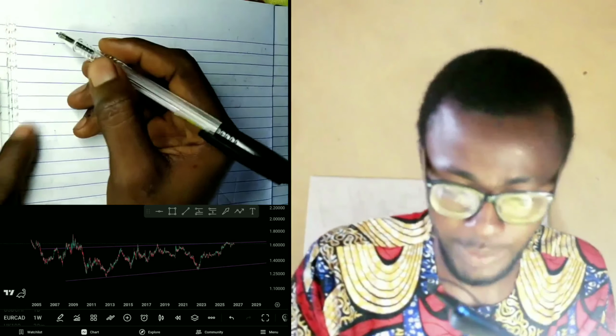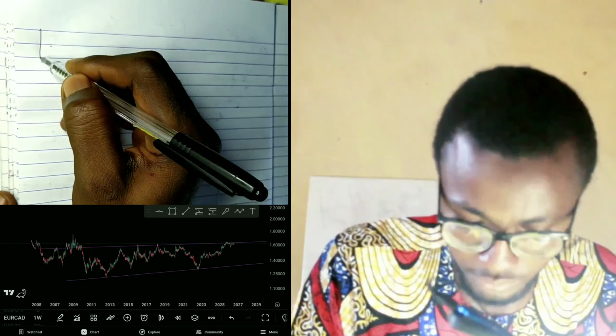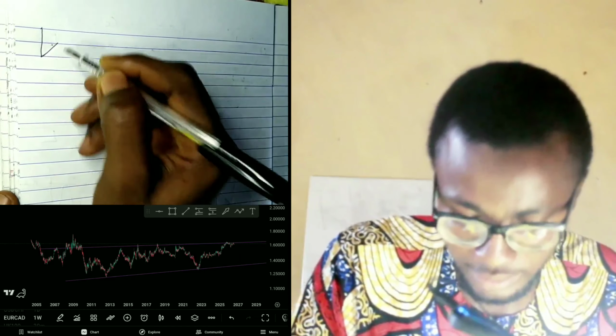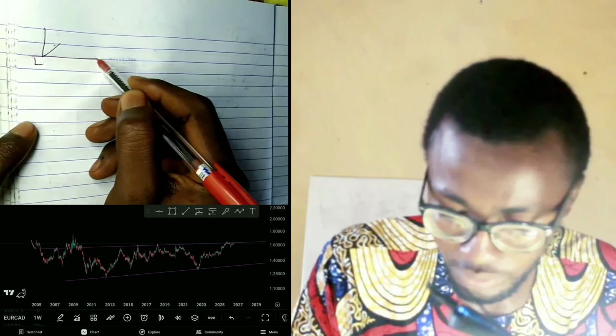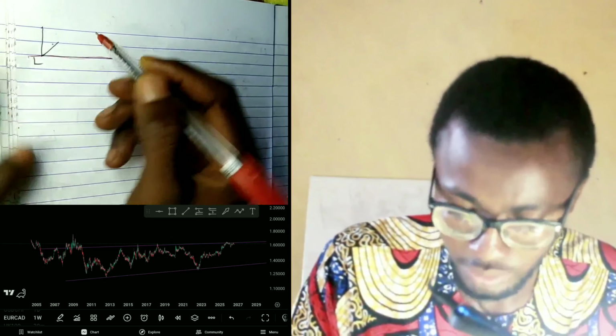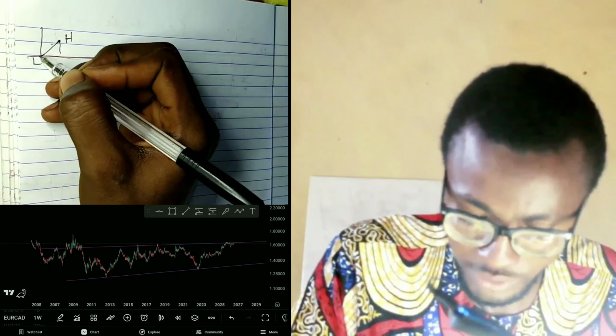So now, let me explain this in a better way. When it goes down and reverses, this is a low. Now, look at this level. Are you seeing this level? As it reverses, this is a high. This level is a high, this level is a low.